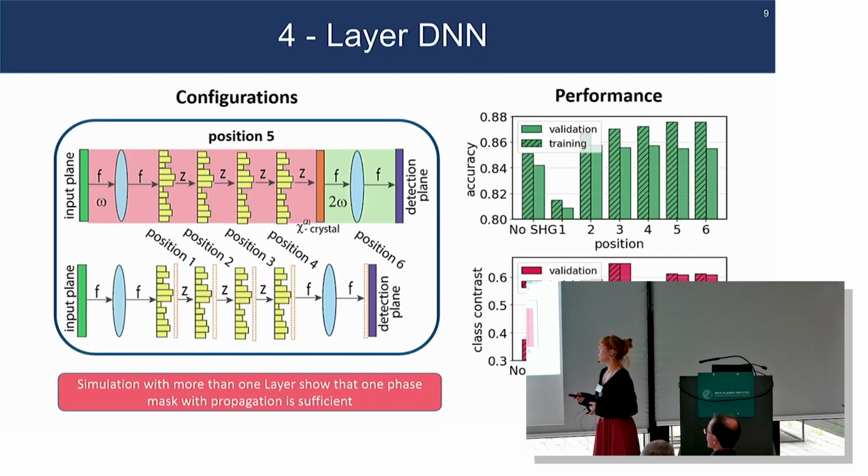I also tested more configurations here, a multi-layer, and again we see this trend that the accuracy drops if we have it at the first layer. So this is just one crystal, at this position. And if we have at least one layer with propagation, then we get this improvement.